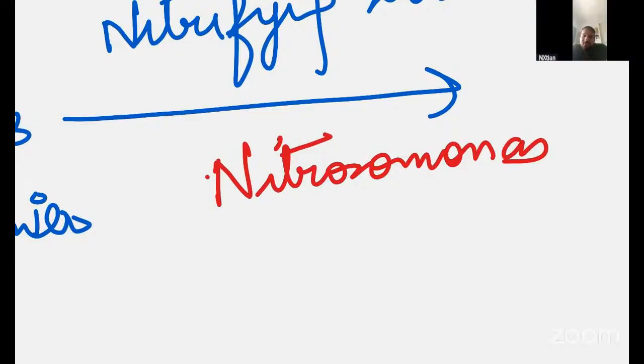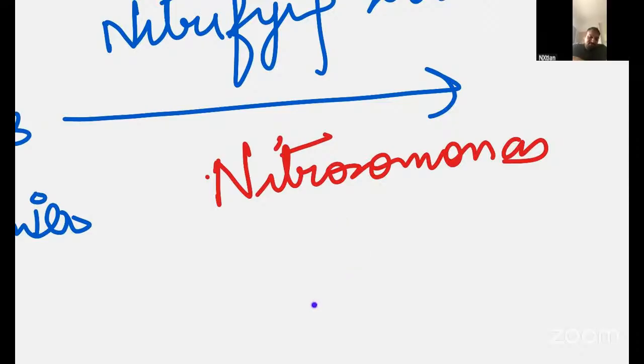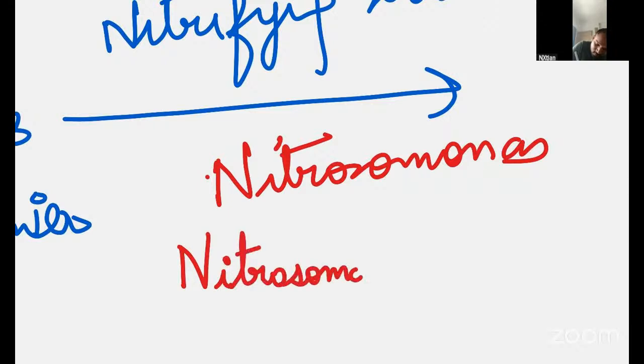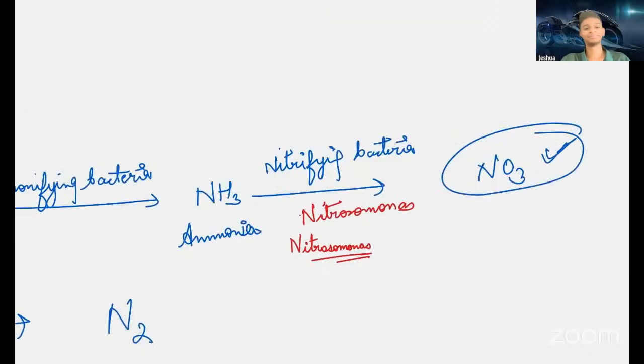X is going to look like this, no? That is what you've drawn. It looks like that. My God. See, like this: NITROSOMONAS. Simple. Now it's better, sir. Handwriting class.